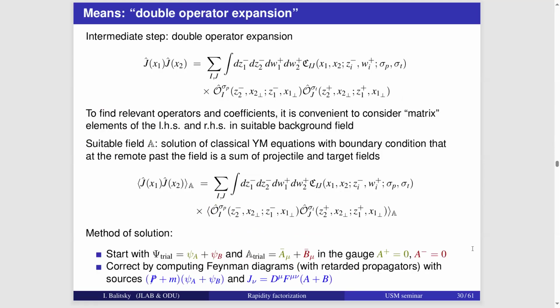Similarly here, the intermediate step is the so-called double operator expansion. There I write down the formula for the product of two currents, and to find the coefficient function, I consider the matrix element in an indisputable background field.